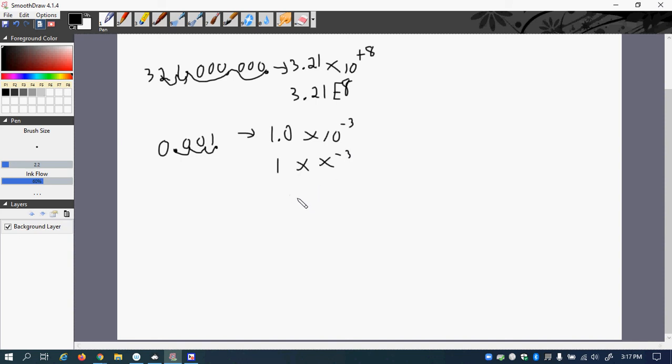On the calculator, you would type it as, oh, that's wrong. Okay, it would actually be a 10 there. On the calculator, we type it as 1E negative 3. Alright? And that's how you do these types of problems.